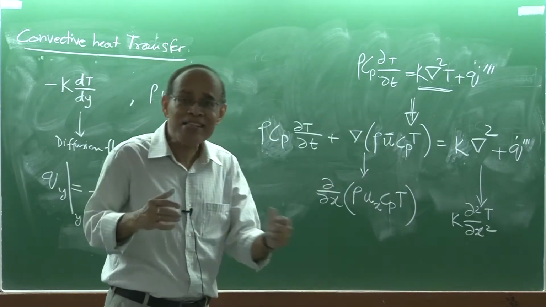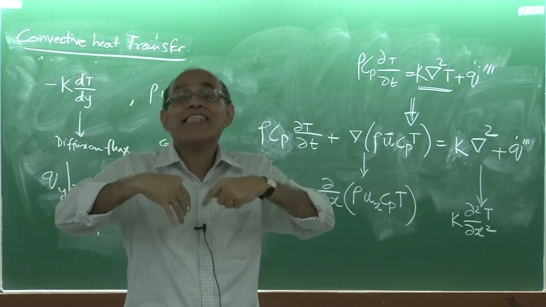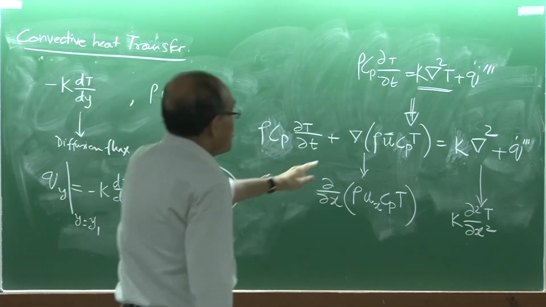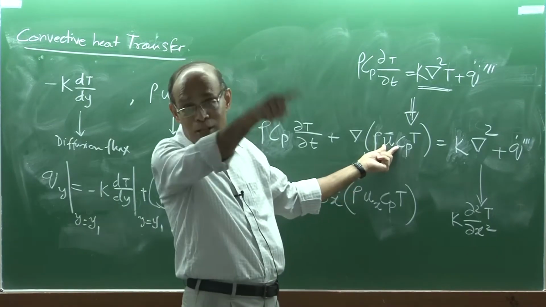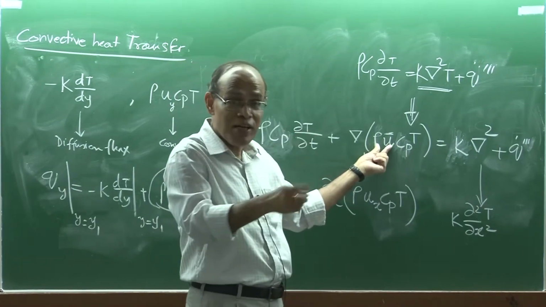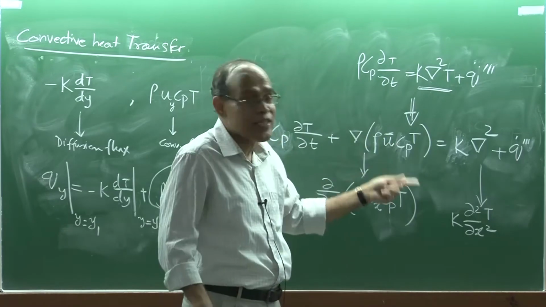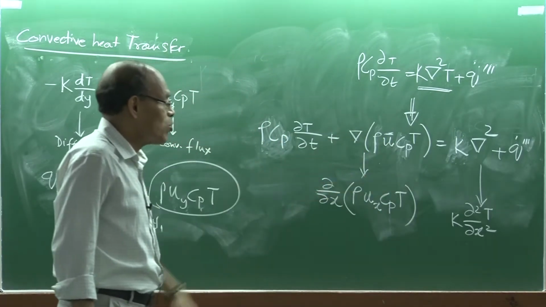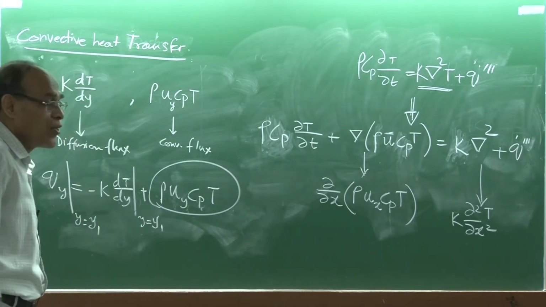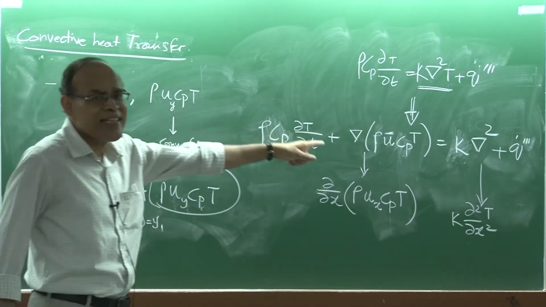So, the task is not just one equation, there could be several equations. From a theoretical standpoint, I will have to solve the Navier-Stokes equation, get the flow field, substitute it into this equation to render it one equation, one unknown, and then I can solve this equation.